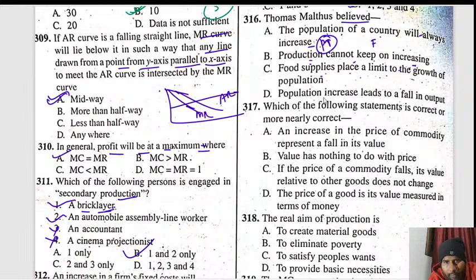This is the correct statement matching his point, because food supply is not growing as much as the population. Question 316, the correct option is C only.